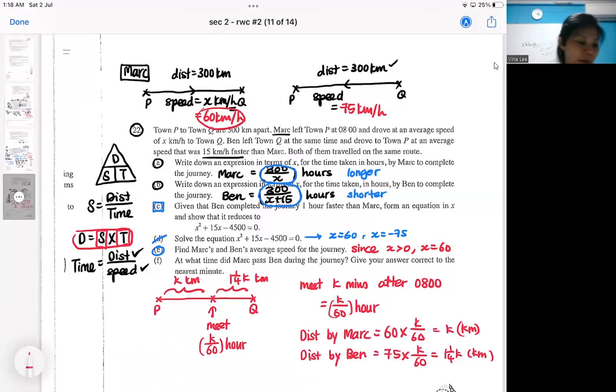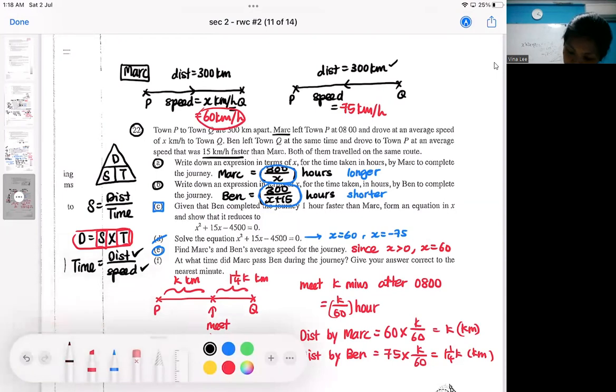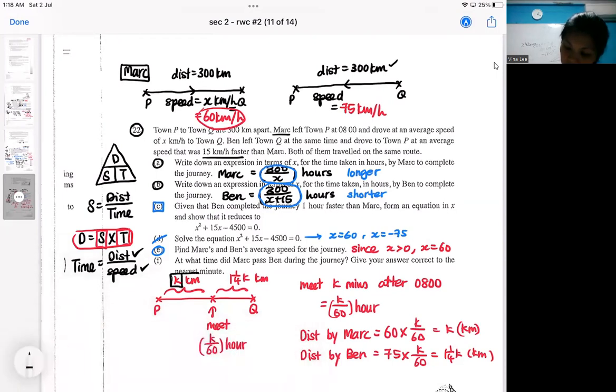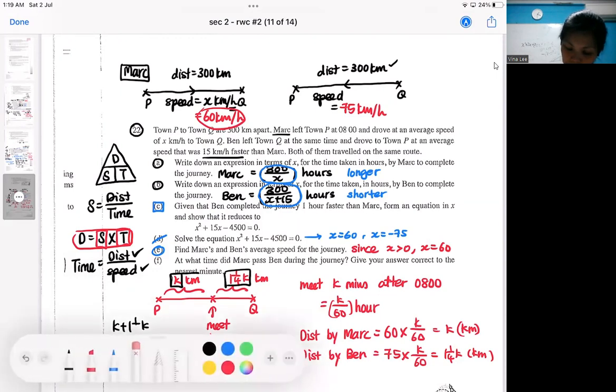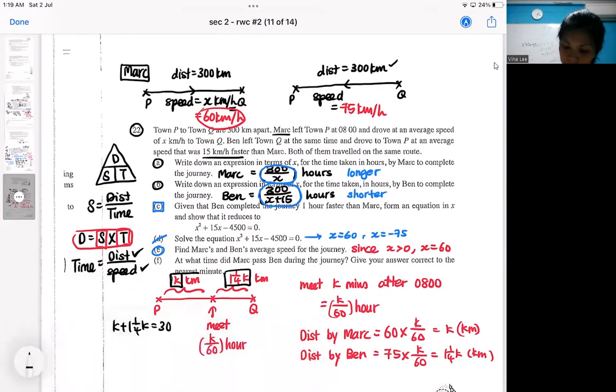I shouldn't use K, maybe I should use another alphabet. So these two will add up to 300. So K and this will add up to 300. So the distance, they will add up to 300. So we explore the distance when they meet. So in this case, this one will be 2 and 1/4 K.